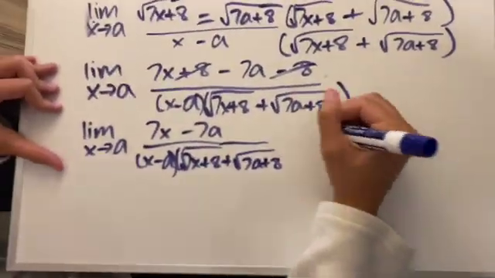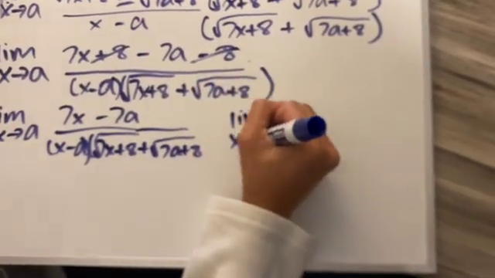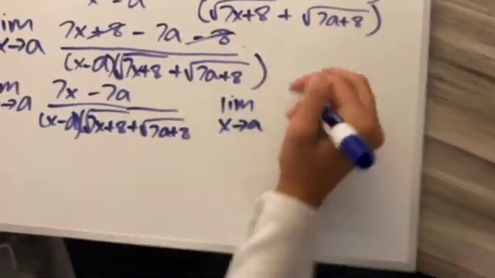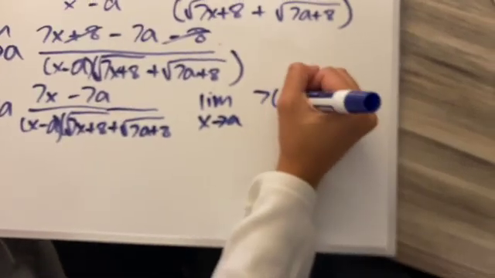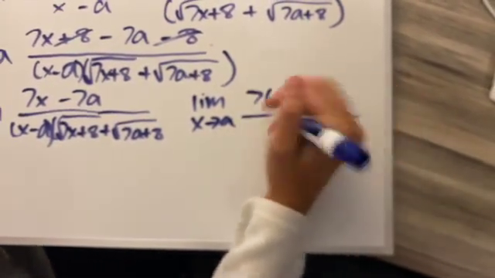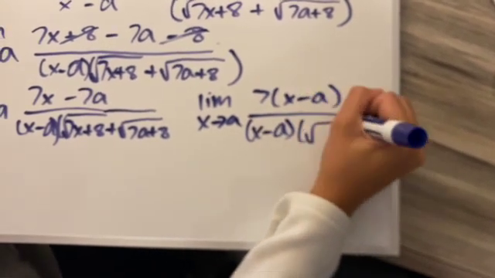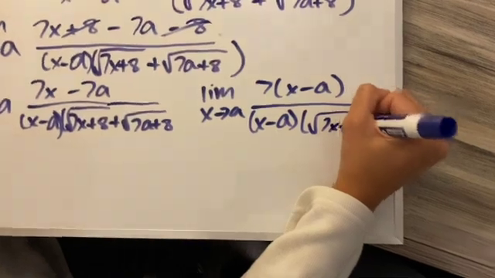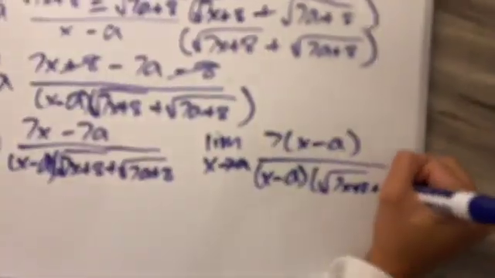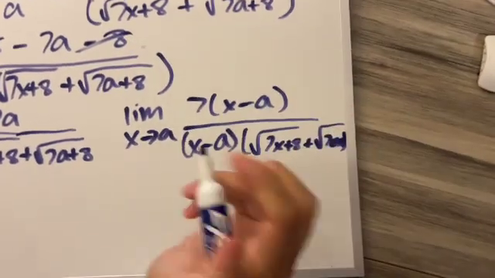And then we can simplify that, and then we get the limit as x approaches a, and we have to factor, so we factor out the 7, and then we just get 7 times x minus a over x minus a times the square root of 7x plus 8, oh, I'm running out of space, plus the square root of 7a plus 8, hopefully that makes sense.